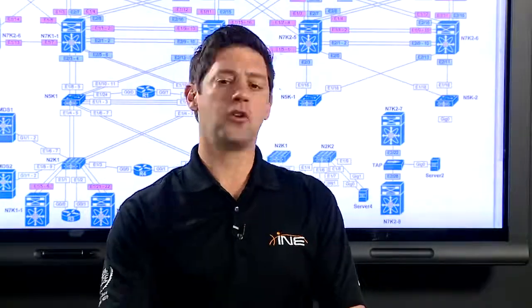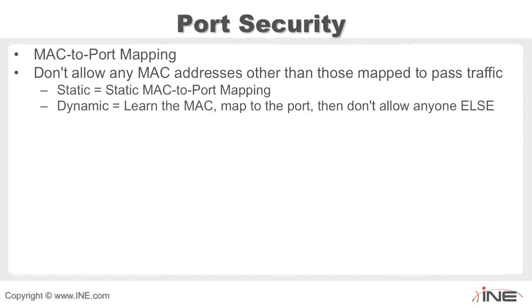But we can dynamically learn the MAC, map that to the port, and then we don't allow anyone else to send traffic from any other source that doesn't have that particular MAC address as their source MAC address in that outer Ethernet header. And then there's also the ability to age this dynamic mapping out.